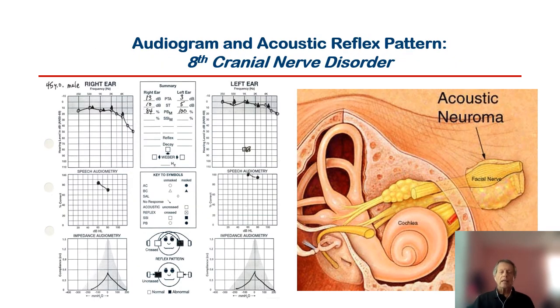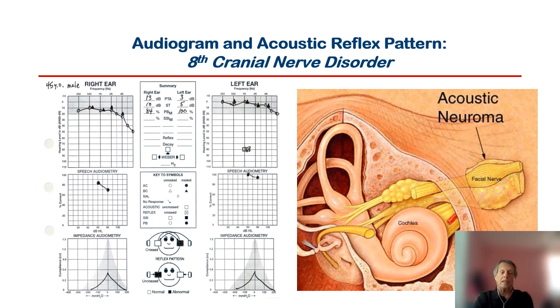So here's an actual case to illustrate what I just said. On the left, you see an audiogram, and it's pretty much normal. We got the right and left ears separated. The only abnormality is at the highest frequencies. For the right ear, you see a slight decrease in the threshold, but all the other thresholds are normal and everything's normal in the left ear.